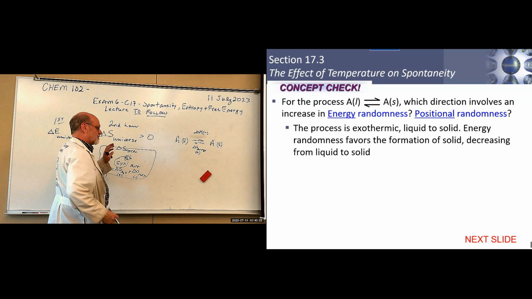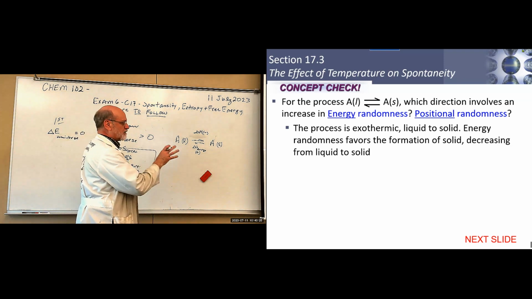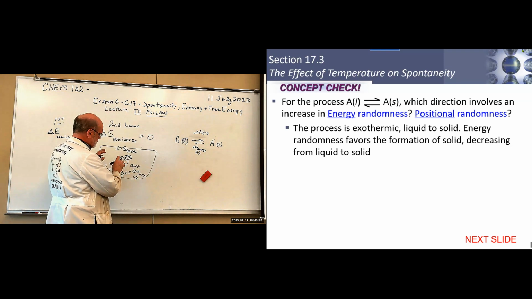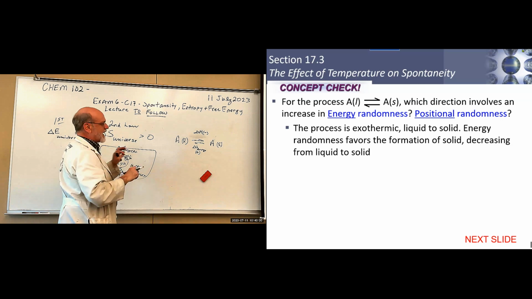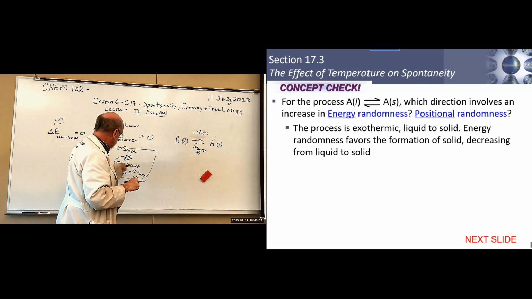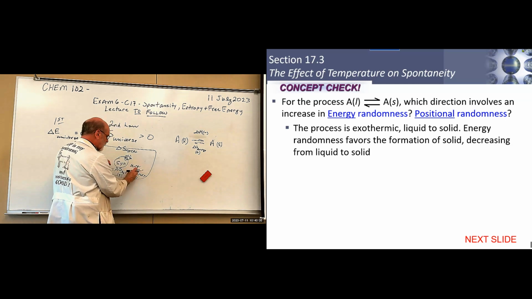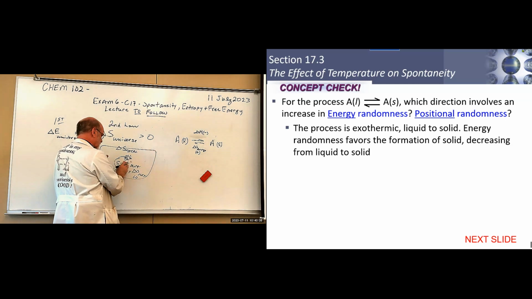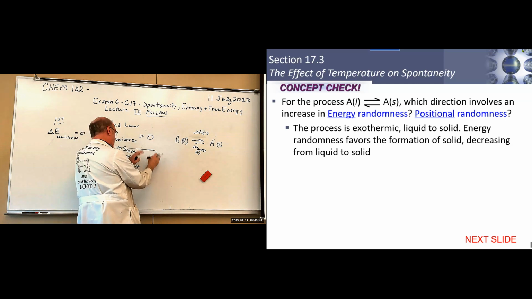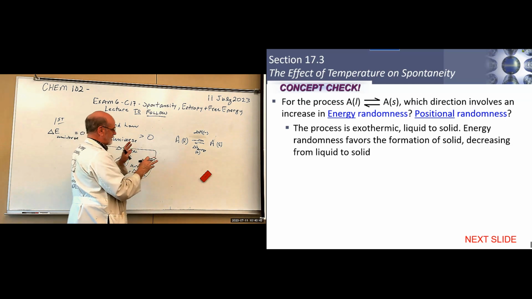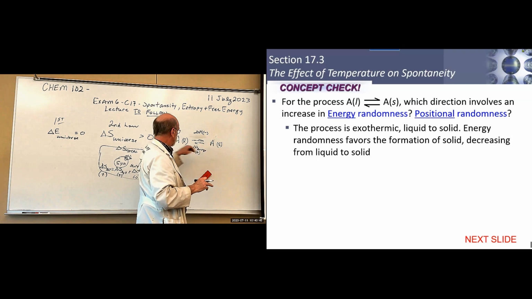Well, in that case, it's a little hard to follow because we haven't spoken about what's happening to the surroundings. If the surroundings are increasing in entropy faster or by a larger amount than the system, then yes, this would be favored going from liquid to solid.